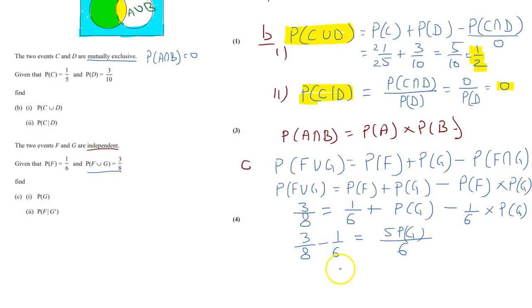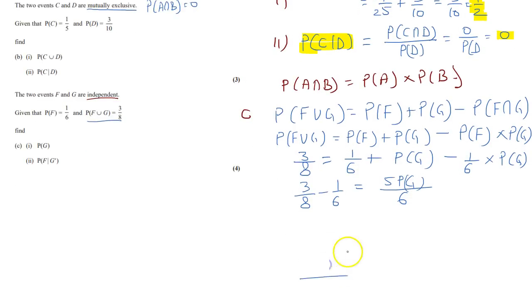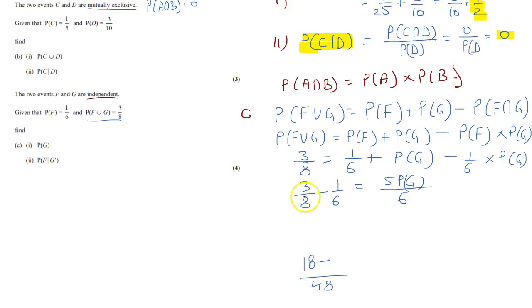Now 8 and 6: 8 times 6 is 48, 6 times 3 is 18, 8 times 1 is 8. So that is 10 over 48 multiplied by 6 over 5 is equal to P(G). 5 times 2 is 10, 6 times 8 is 48, 2 times 4. So the probability of G is 1 over 4.